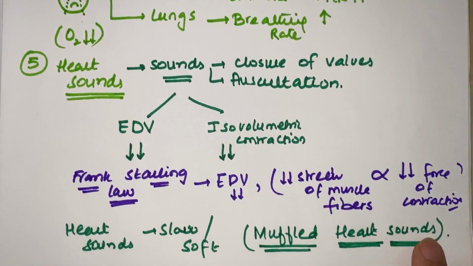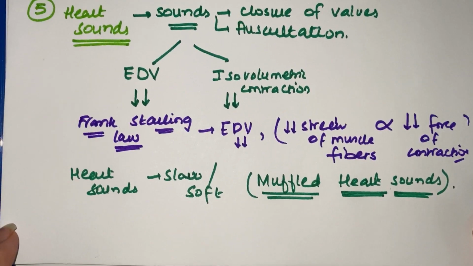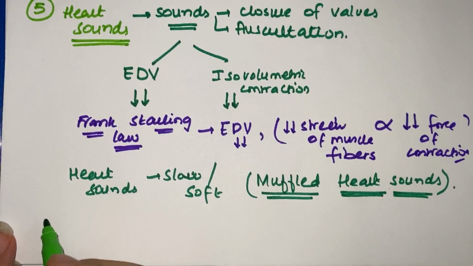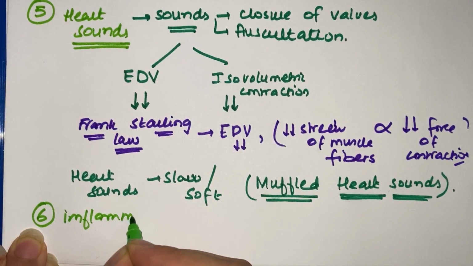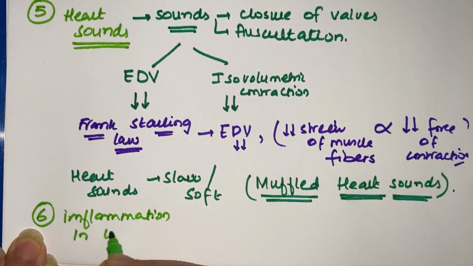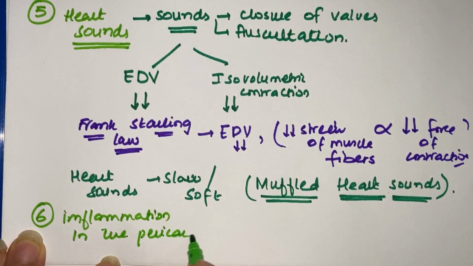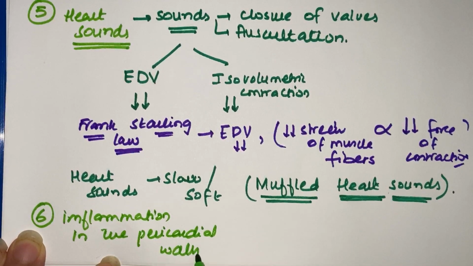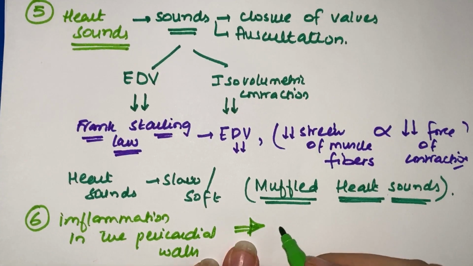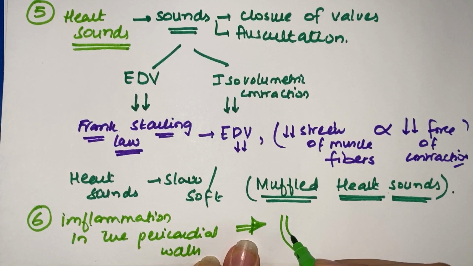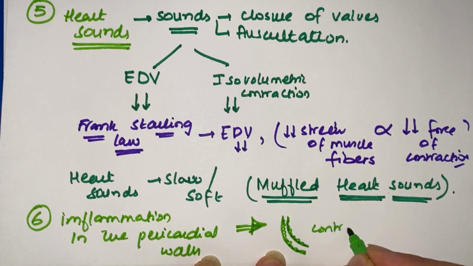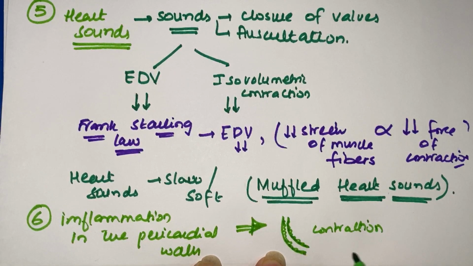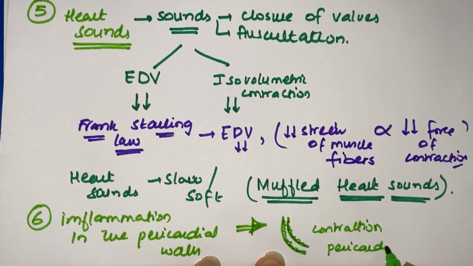Plus another feature that is important and we should know is that if some inflammation is present in the pericardial walls, then during each contraction, suppose these are the two walls, parietal pericardium and serous pericardium, whenever they are inflamed, they will rub against each other and a pericardial rub is heard.